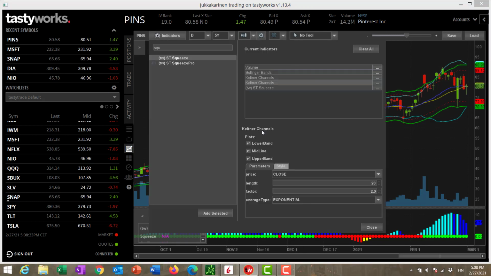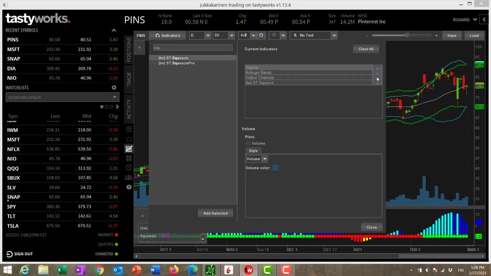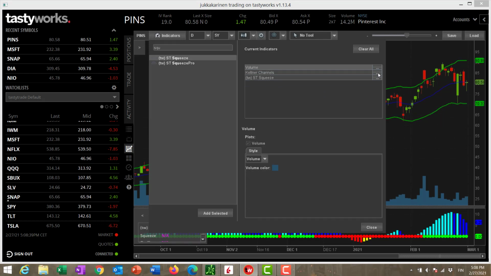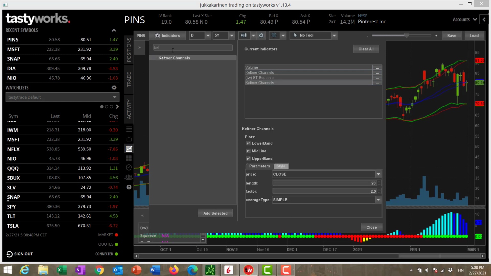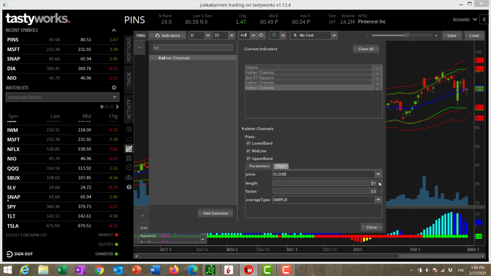So I could just take at least these Keltner channels away and take the Bollinger Bands away. And what we have left, if I add another set of Keltner channels, actually I'll add 2 sets of Keltner channels. This would be the third. I'll just make it the 21 that I used earlier.